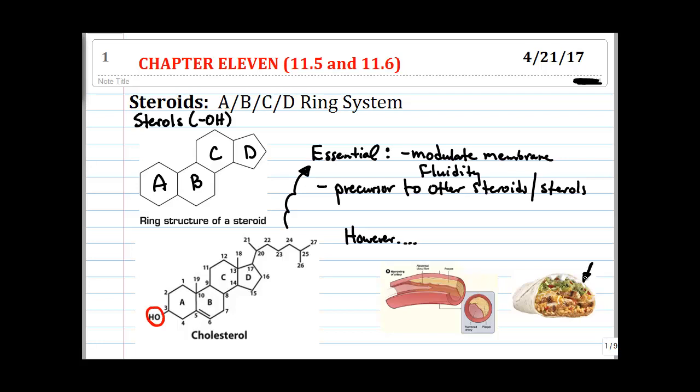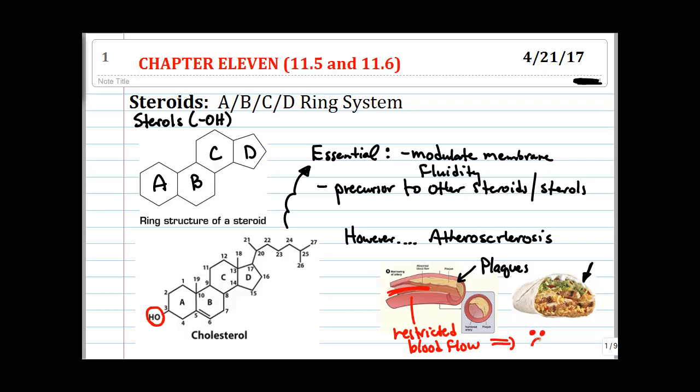The problem is too much cholesterol can lead to a condition called atherosclerosis, or hardening of the arteries, and you get fairly significant plaques formed in the arteries, and you get restricted blood flow, which can lead to some fairly significant cardiovascular problems. So, the good and bad with cholesterol.